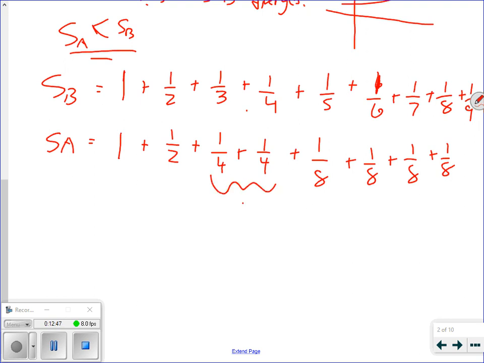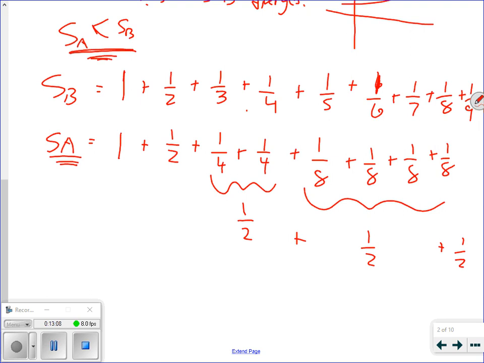So collectively, these fractions will always add up to 1/2, right? That's 2/4, which is 1/2. This is 4/8, which is 1/2. So collectively we'll always have something that simplifies to 1/2. Now, first of all, do we agree that series A is always less than series B?